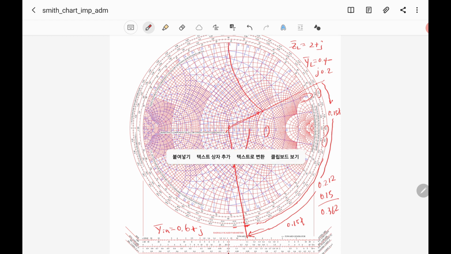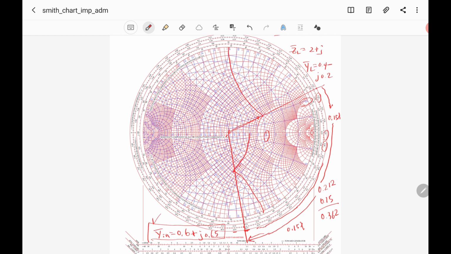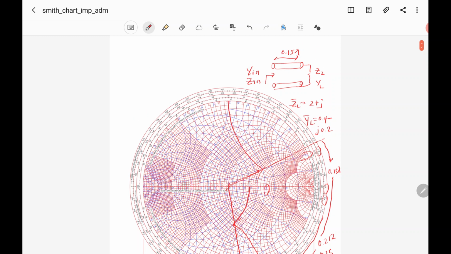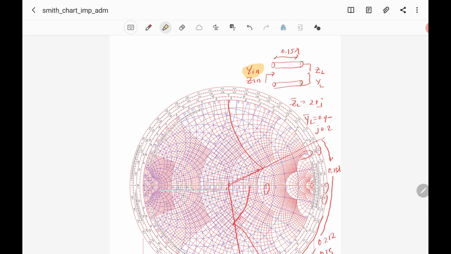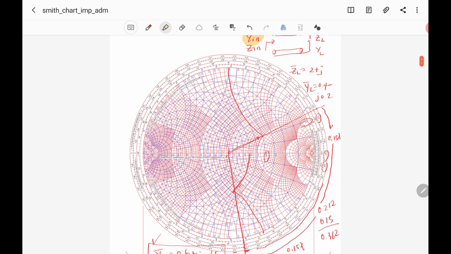If you read the blue chart, it's about 0.65, which is the same value, right? So we get the same Yin, this input admittance.